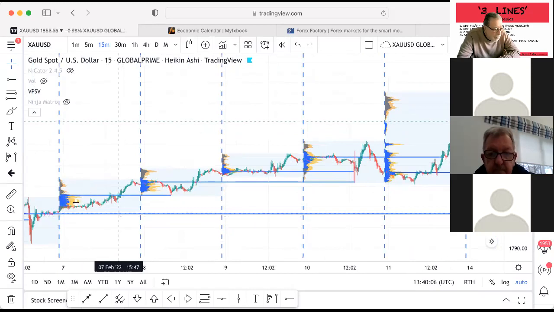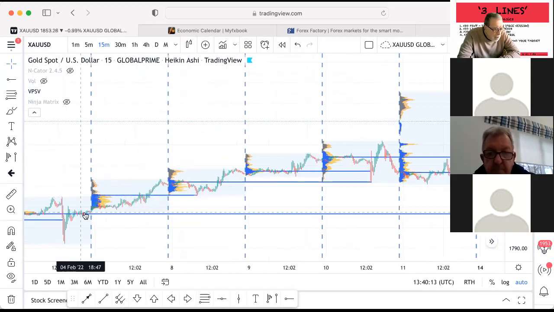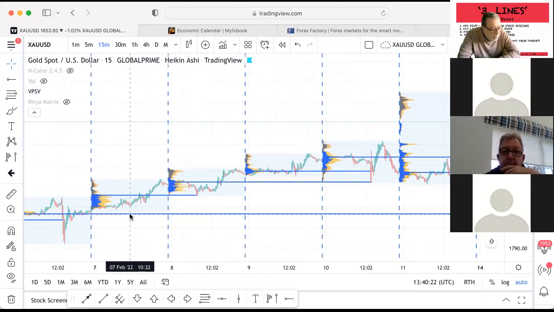This is Monday, and this is Friday's point of control, this blue line below. So on Monday, price never actually went back to the point of control. So it sort of defied our 3 lines strategy, if you like.